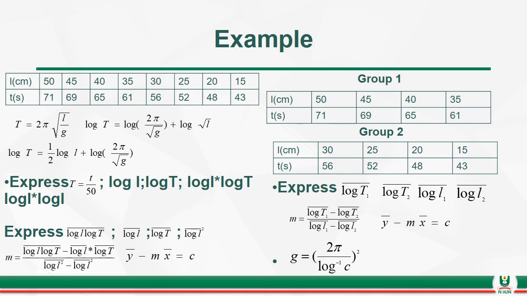Then we express the period for each group, and we also express the mean of log T1, log T2, log L1, log L2. Then we express the slope m, which is equal to log T1 minus log T2, divided by log L1 minus log L2. Then we can find the intercept from the mean of y minus m times mean of x, and with that we can calculate our acceleration due to gravity.